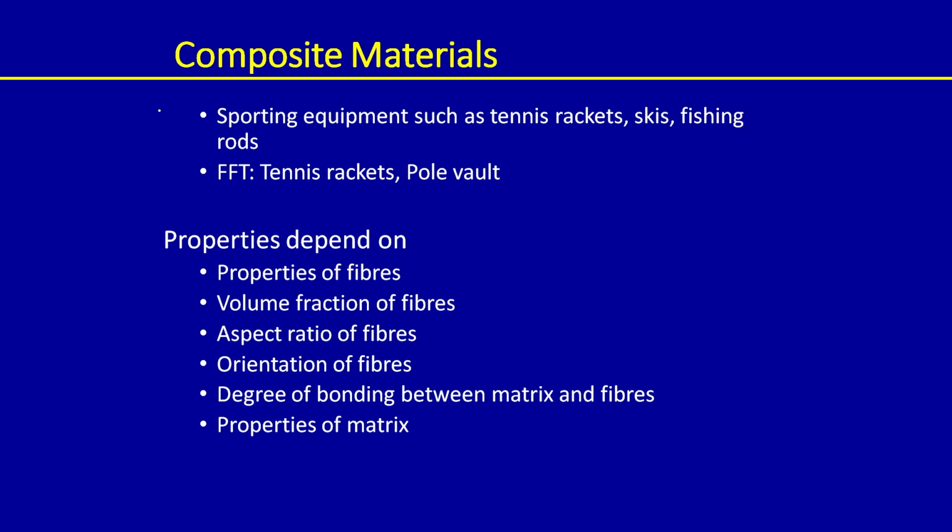I already talked about it. The bonding between the matrix and the fibers is very important, and that is actually the weakest link in a composite. If that link can be strengthened, you can have stronger composites, and obviously the properties of the matrix are also going to play a very important role.